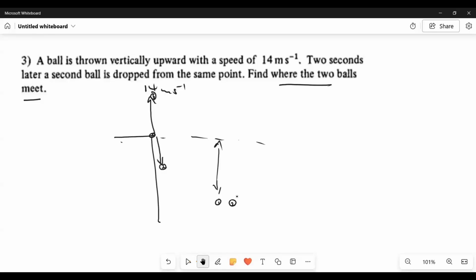That's what they're saying. You think you understand what they're asking? Yes, sir. Good.